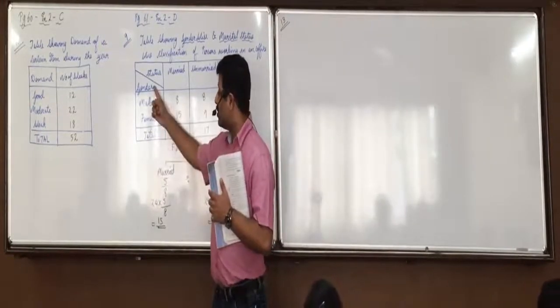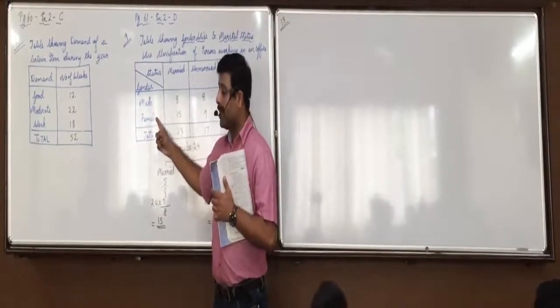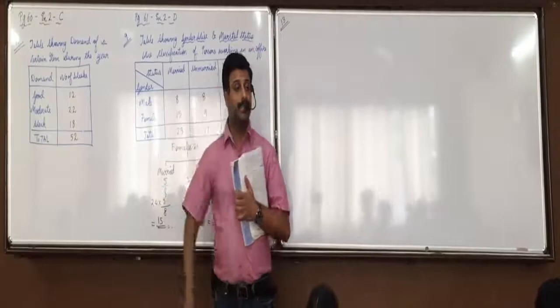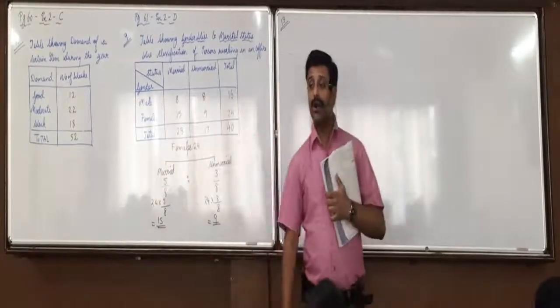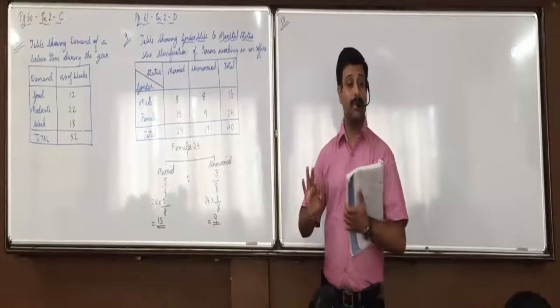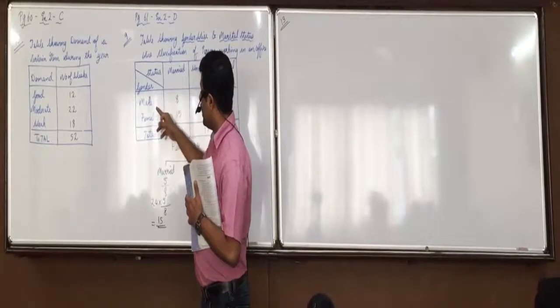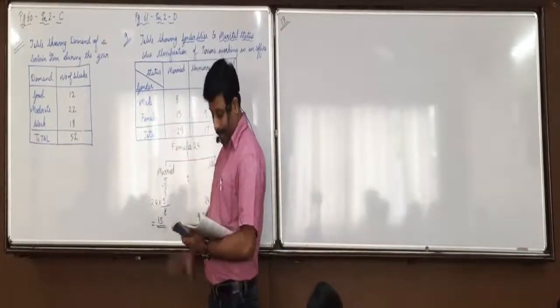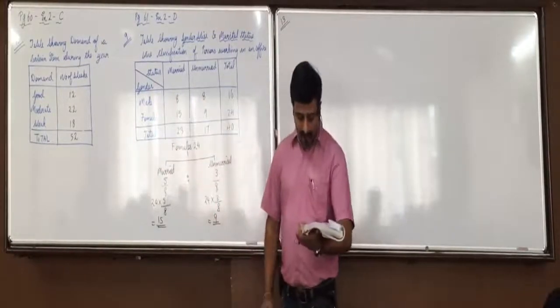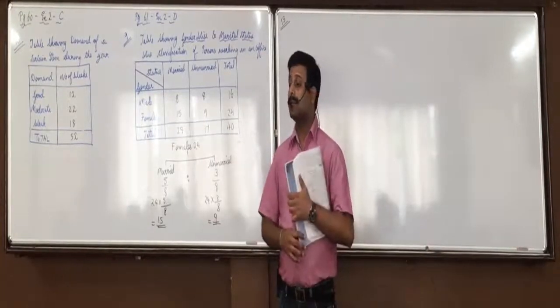See here, use, BRTS, AFTS. Okay. Raise your hand who did not understand this. Once again, what is the first attribute? Use. What will you write in the rows for use? BRTS, AFTS, total.